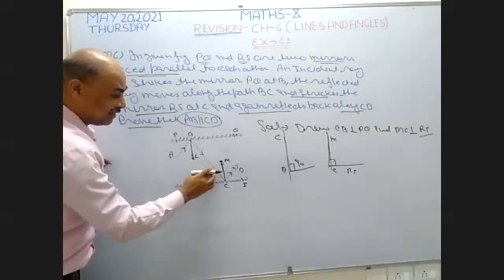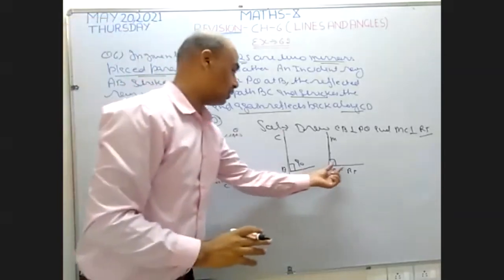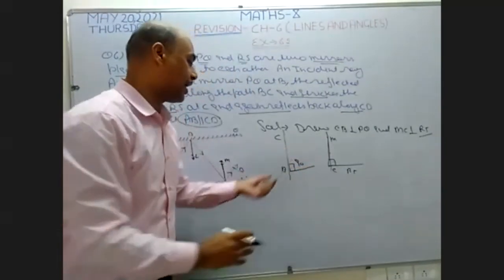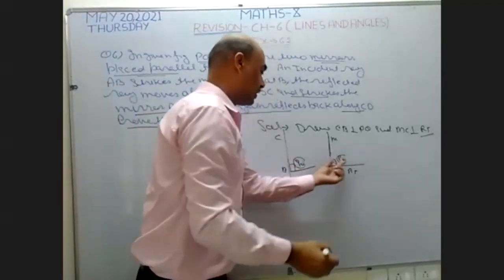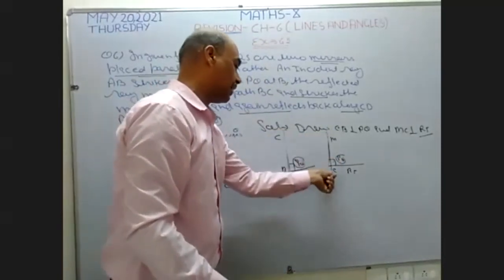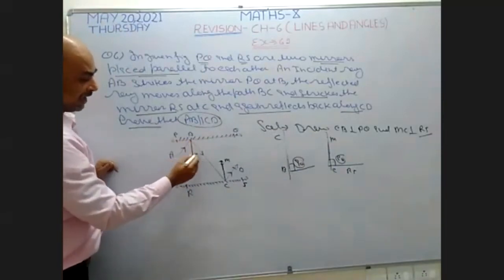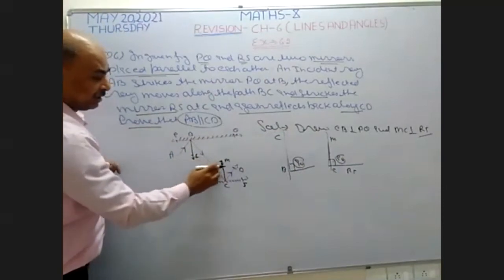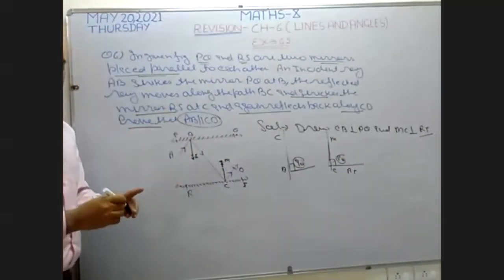The reason, I will tell again: since these lines are perpendicular, and you know a perpendicular angle is 90 degrees, the same angle is there. When both angles are the same, the lines are known as parallel lines. So I consider lines LB and MC as parallel lines. Okay, beta? Now see, I want to explain again.